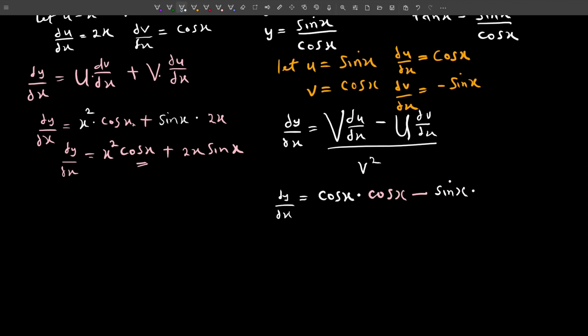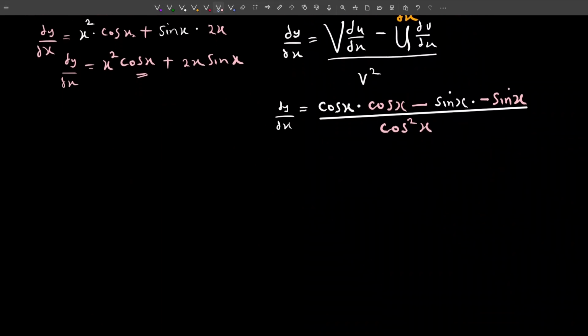My dv dx is minus sine x, all over v square. And what is v? v is cos x, so v square will be cos square x. So from here, multiplying this out, you have cos square x minus, and minus times minus gives plus, so plus sine square x, all over cos square x.